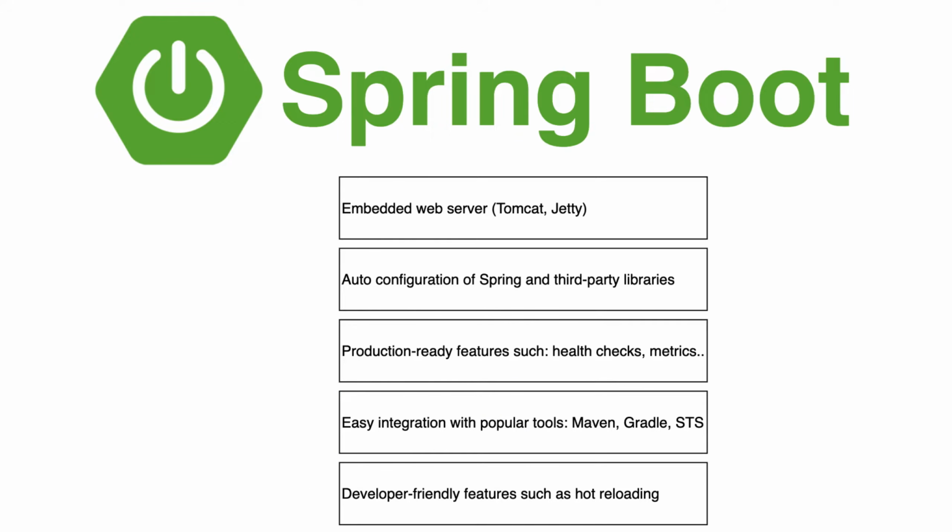Overall, Spring Boot makes it easy to create standalone, production-ready Spring applications quickly and with minimal fuss. It is particularly well suited for microservices-based architecture and cloud-native development, where speed, agility, and simplicity are highly valued.